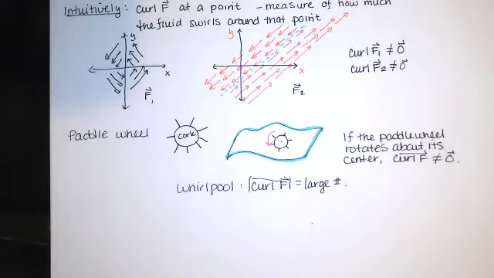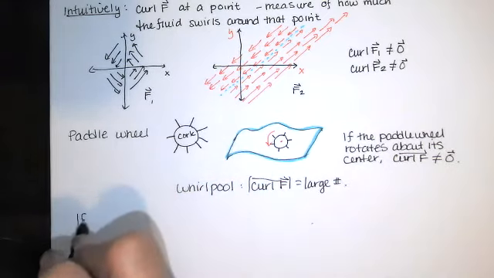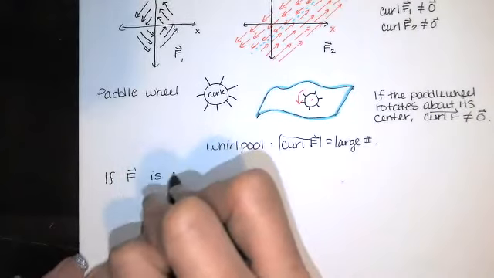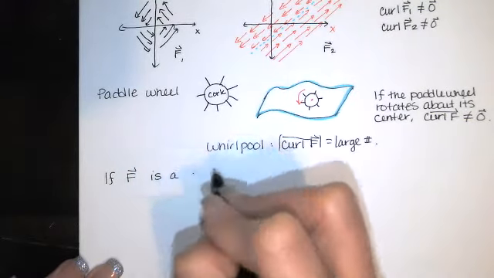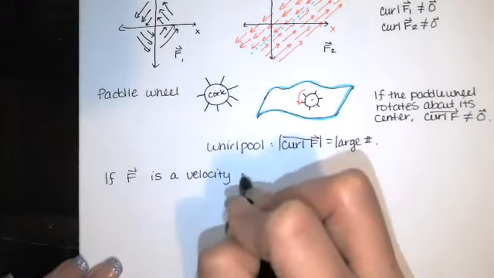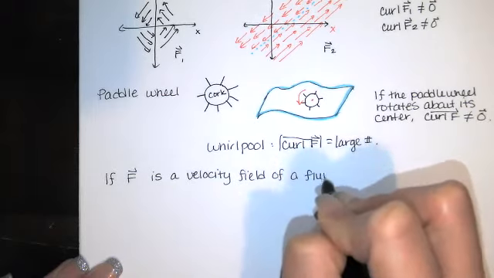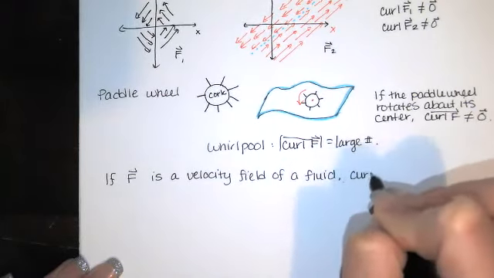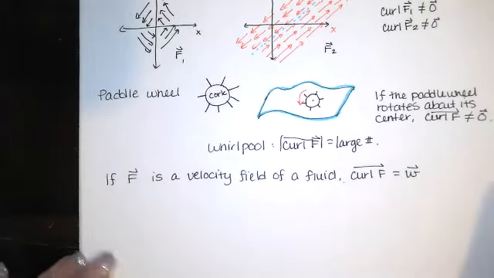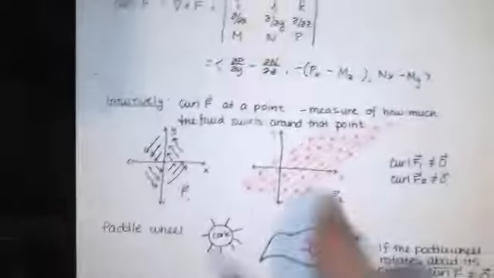And in general, if F represents a fluid, or it's not a fluid, but the velocity field of some fluid, then the curl of F yields another vector field called vorticity. And it's given by this.